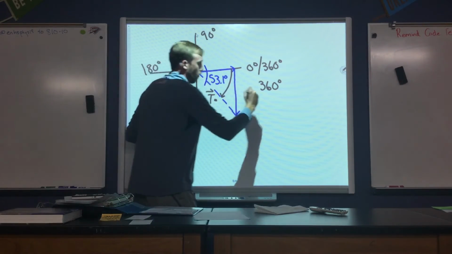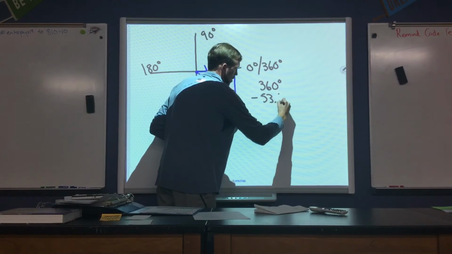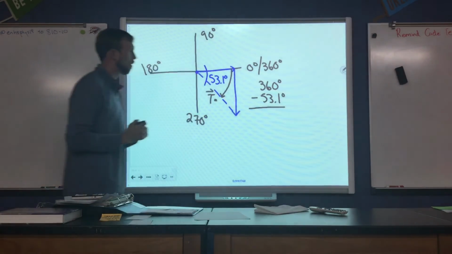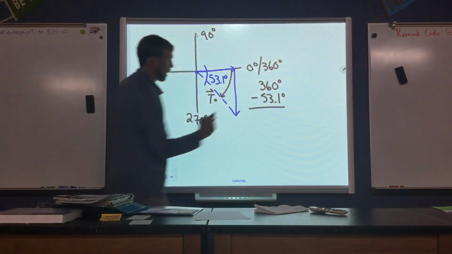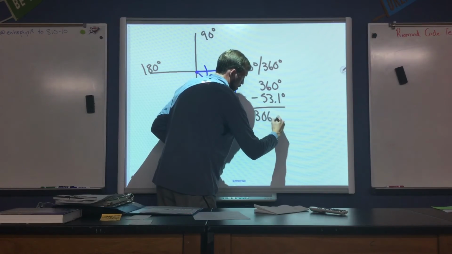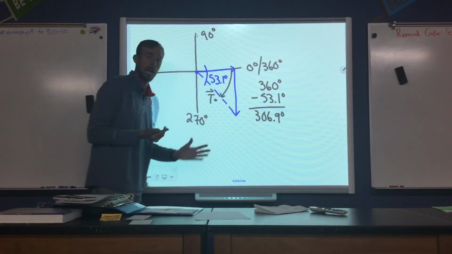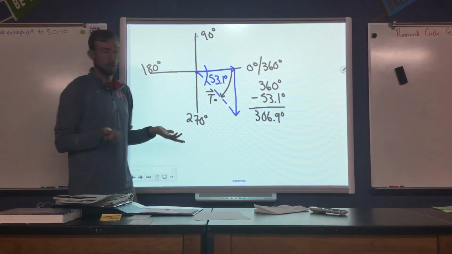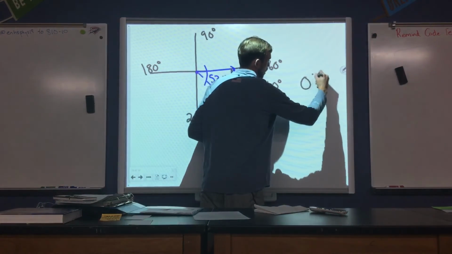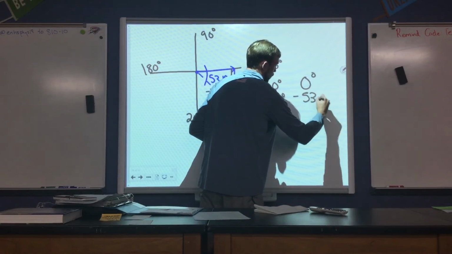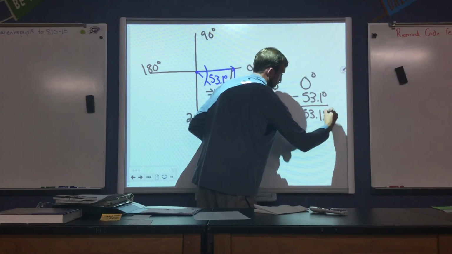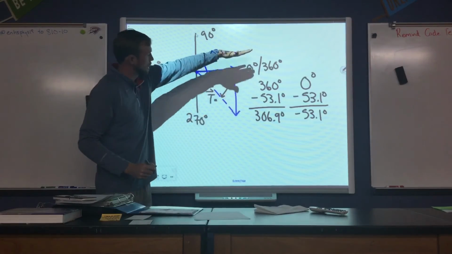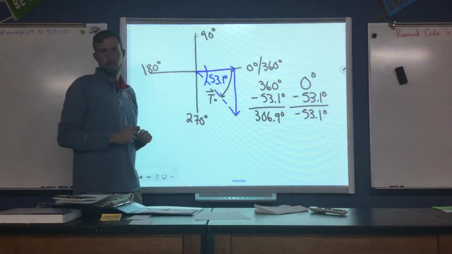We can subtract 53.1 from 360, and that would give us a value of about 306.9 degrees. That would be a better way of representing our angle so that it's in the right quadrant. We can also say that this is 0 minus 53.1 degrees, so that our angle is negative 53.1 degrees, or just 53.1 degrees back or clockwise from 0.